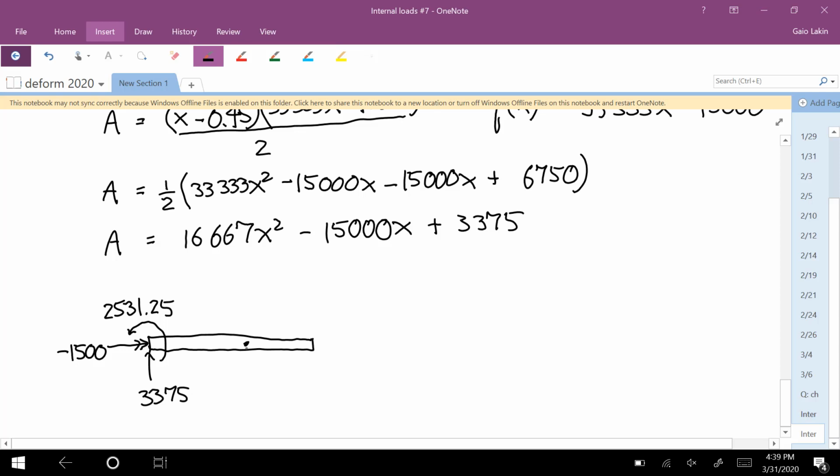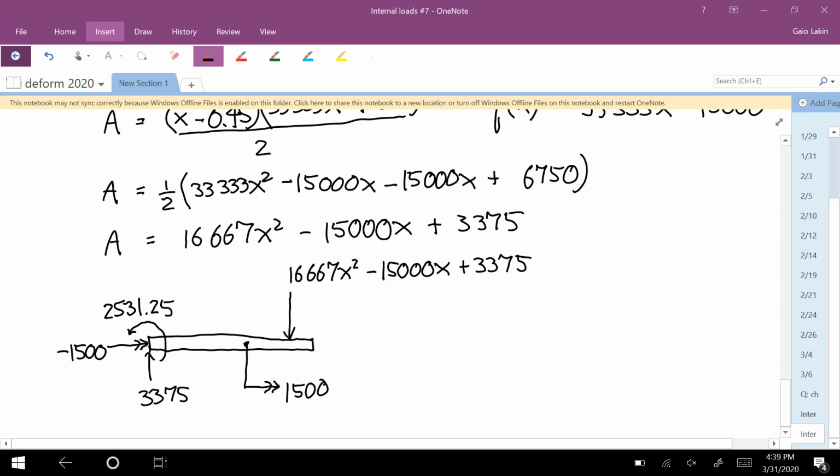At the midpoint, we have this point torque of 1500. And then we have this distributed load that we can represent as a point force with a magnitude of 16,667 x squared minus 15,000 x plus 3375.